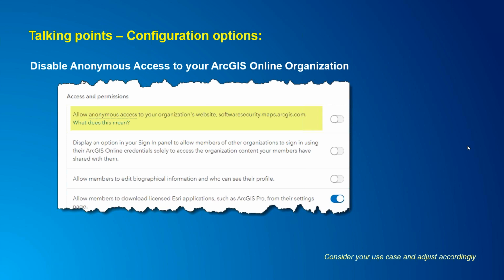And again, it depends upon your use case there, and how vested you are in encouraging people to be able to discover the content that you have in your organization. But preventing anonymous access, again, can help to prevent discovering information in your ArcGIS Online organization that you may not intend immediately to share out there.